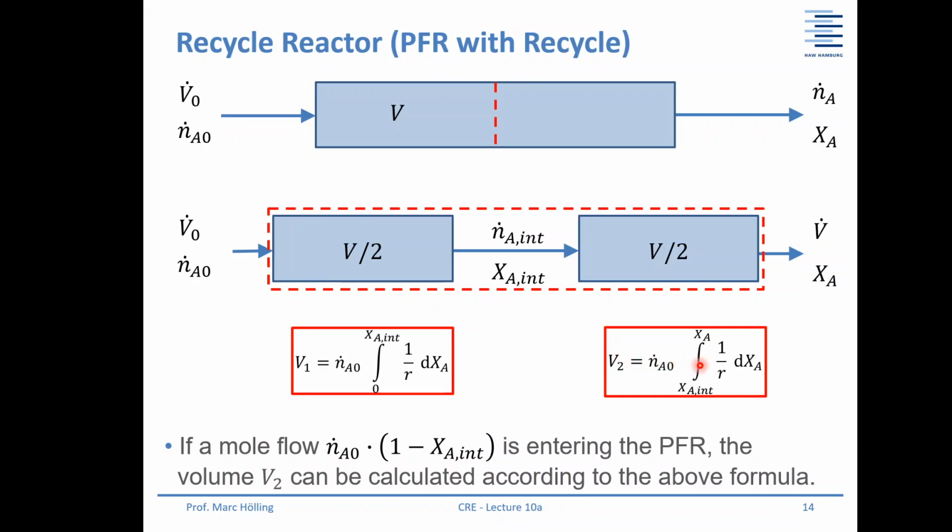So this means if you're not starting with the initial conversion of 0, but you already have a conversion at the inlet, then this is the equation for how you can solve it.